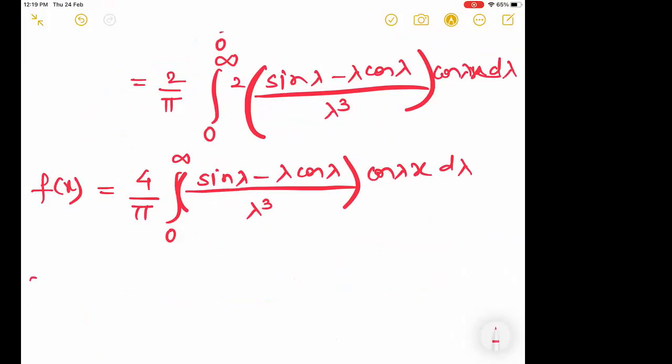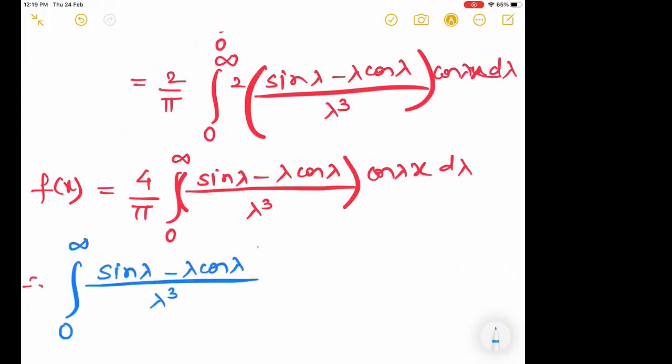Therefore, I can put the integral term only: integral 0 to infinity (sin lambda minus lambda cos lambda) upon lambda cube into cos lambda x d lambda is equal to 4 upon pi. I'm shifting it to the other side, and f of x is given by two ways.